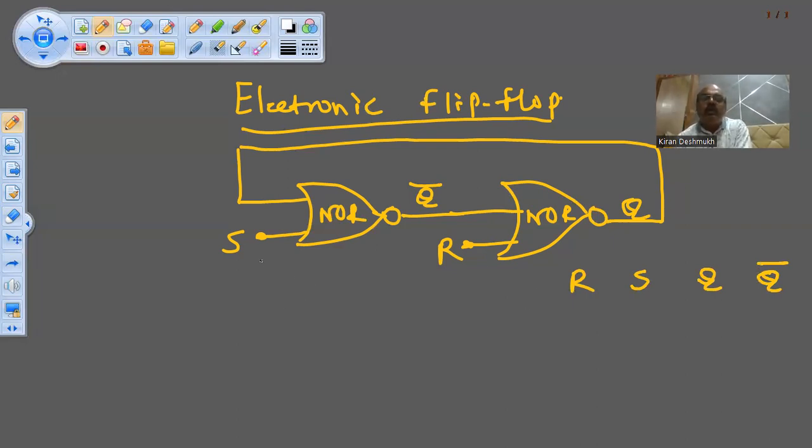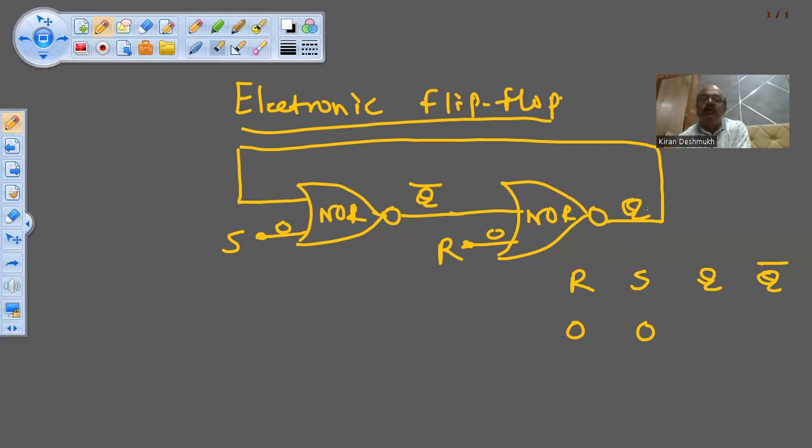Now, when both the inputs are 0, R is 0, S is 0. Then what will be the Q and what will be the Q bar? Now this input is 0, this input is 0. What can we say about Q and Q bar?